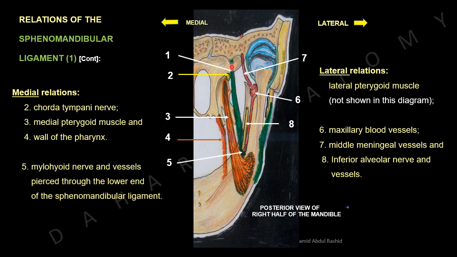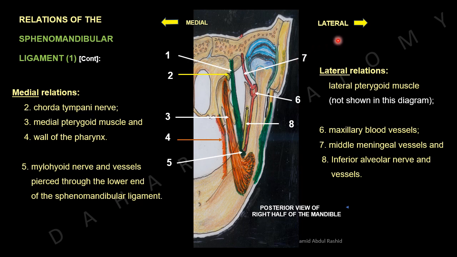So what are the structures deep to this ligament, that is medial to it? Number 2, the chorda tympani nerve, a branch of the facial nerve. Number 3, the medial pterygoid muscle. Number 4, the wall of the pharynx. And number 5, showing the lower end of the sphenomandibular ligament pierced through by the inferior alveolar nerve and vessels.